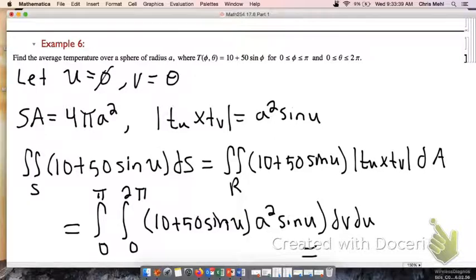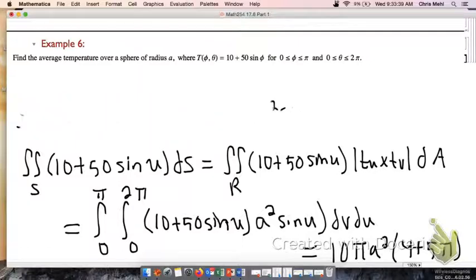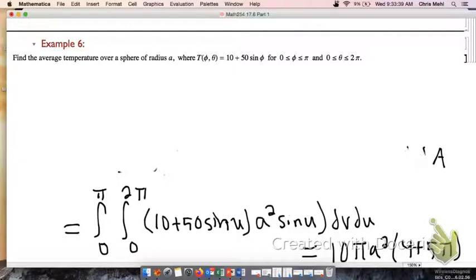This integral would equal 10 pi a squared, and then in parentheses you get a 4 plus 5 pi. Okay, so that's the integral of the temperature function over the sphere.